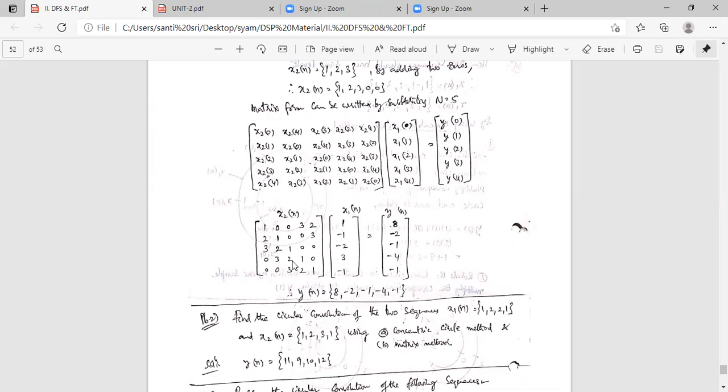Then 3 into minus 2 minus 6 plus 6 cancel, and minus 1. So y of n equal to 8, minus 2, minus 1, minus 4 and minus 1.